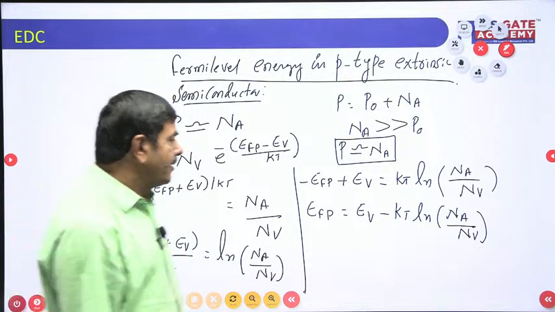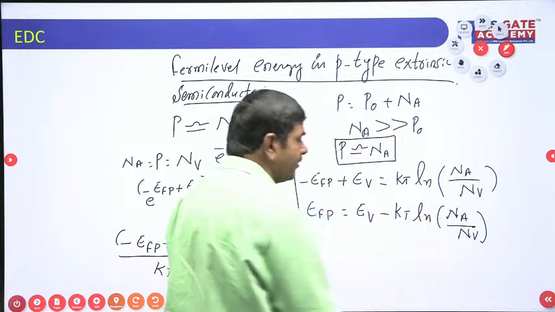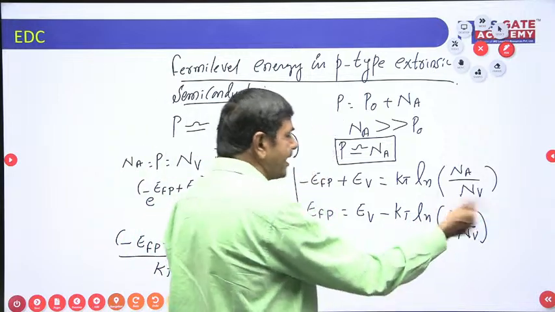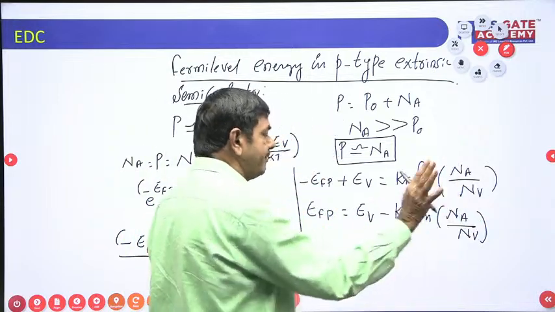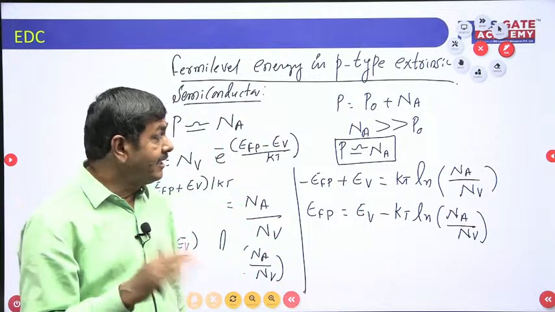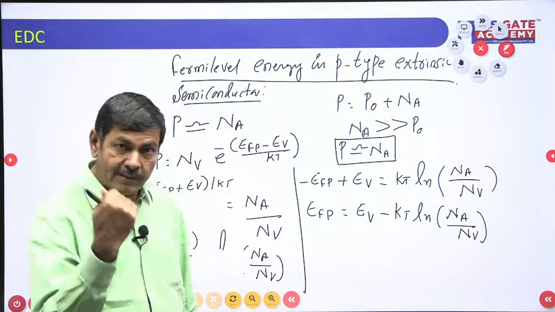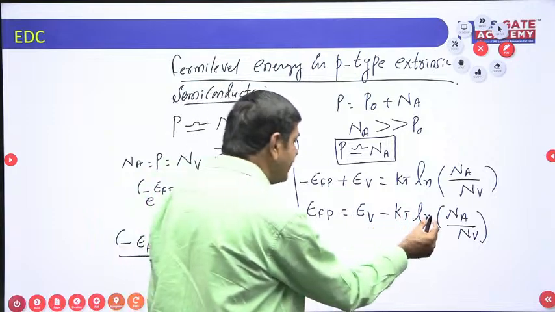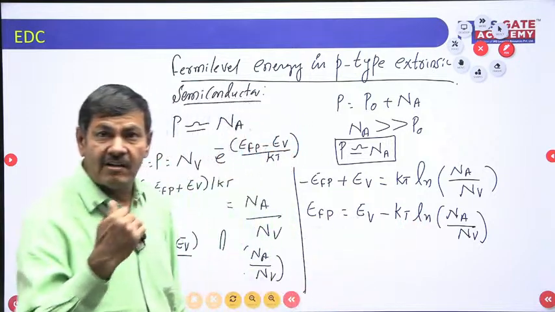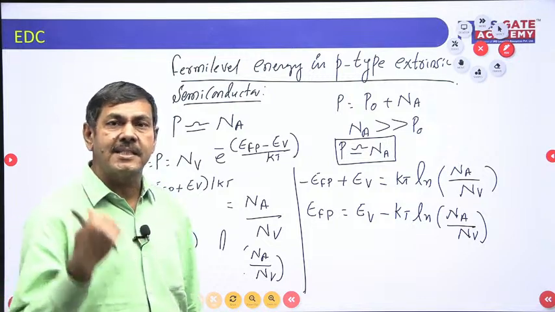Because here, it is Ev minus something, but whether that value is positive or negative is unknown. Generally everybody will think that something is positive. If Ev minus something is taken, EFp may be existing below the Ev level. Ev minus something means EFp less than Ev. EFp will not lie below the Ev value. EFp always lies just above the what now?